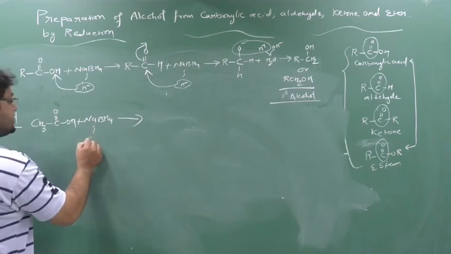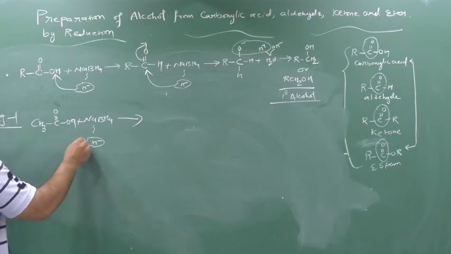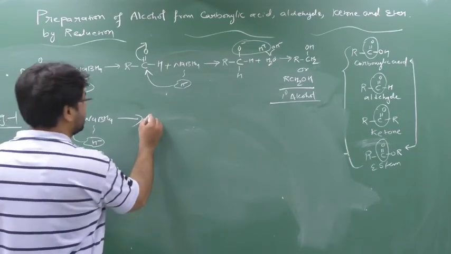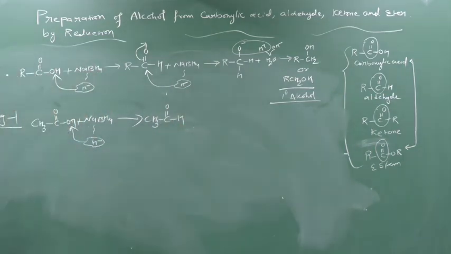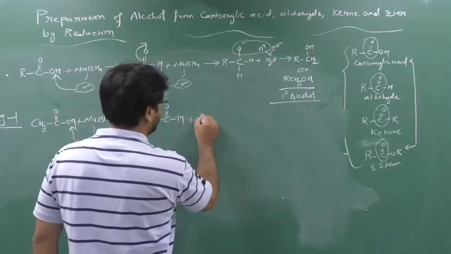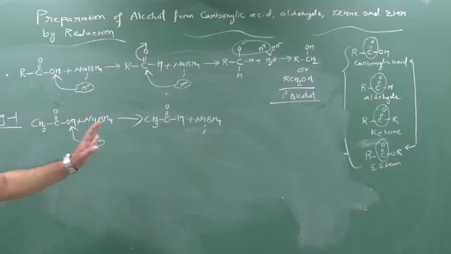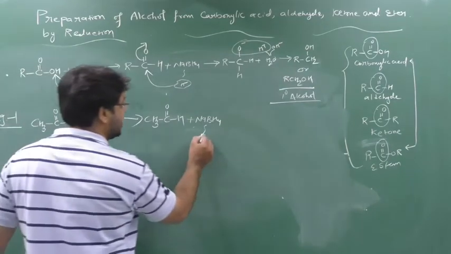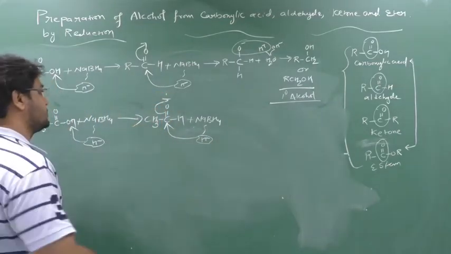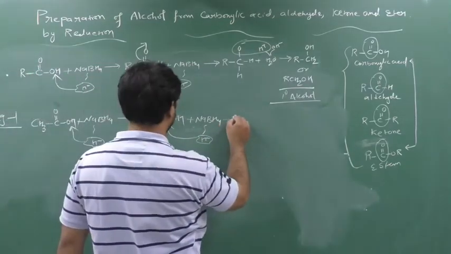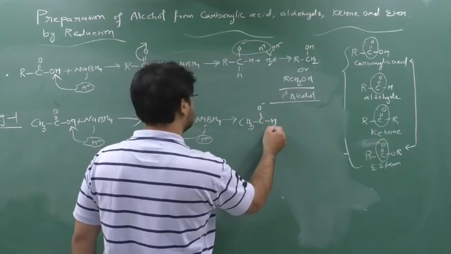So first this H minus will attack on this OH and generate CH3, C double bond O, H here. Clear? In the second step again sodium borohydride will come. This is not a mechanism, okay? This is only for your understanding to get the answer. Again this H minus will come. Now it will attack on this carbon. This bond breaks and enters the oxygen. So it will generate CH3, CO minus, here H, here H.